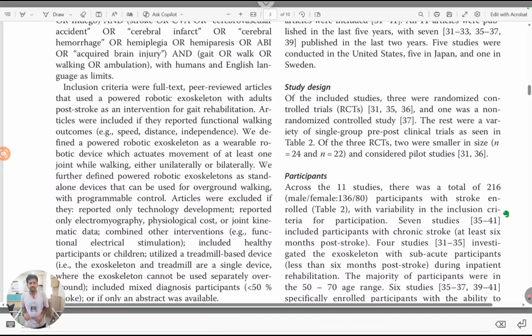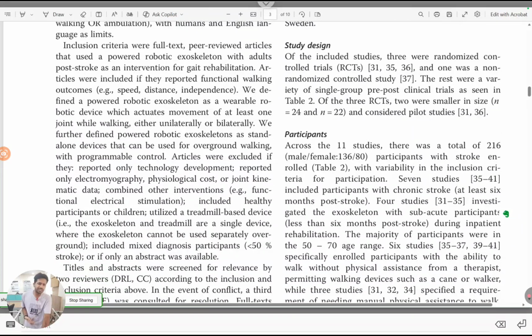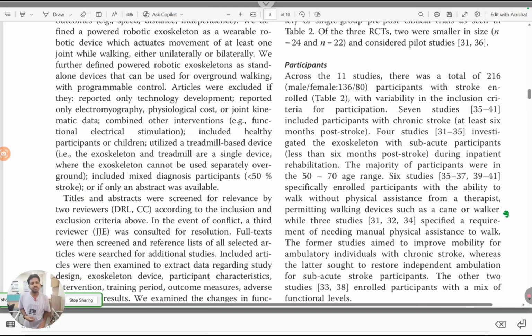Of the 3 RCTs, 2 were small, with n equal to 24 and n equal to 22, and considered pilot studies. Across the 11 studies, there was a total of 216 participants, of whom 136 were male and 80 were female. The participants with stroke were enrolled with variability in the inclusion criteria.